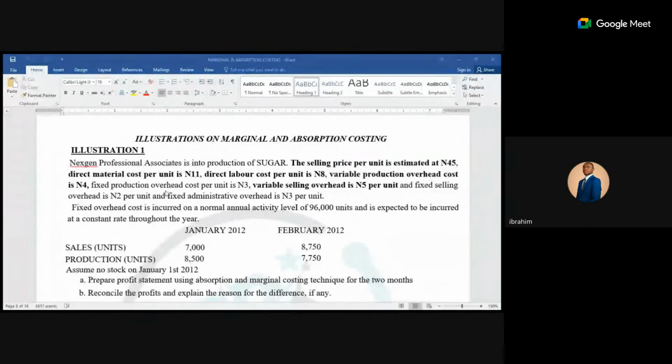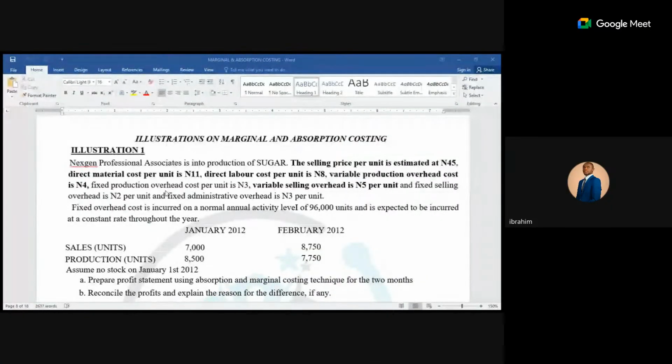If you can recall, I mentioned in our previous lecture that the reason why the profit of absorption costing is not usually the same as that of marginal costing is the difference in the valuation of inventory.